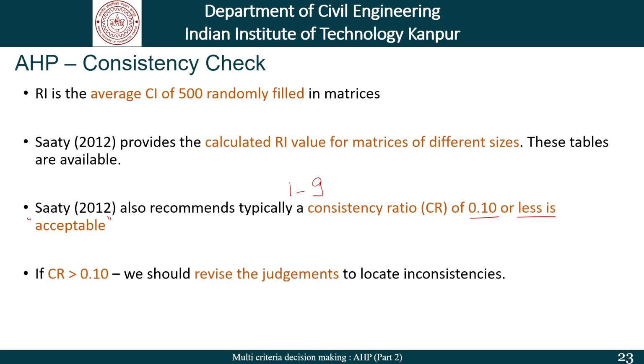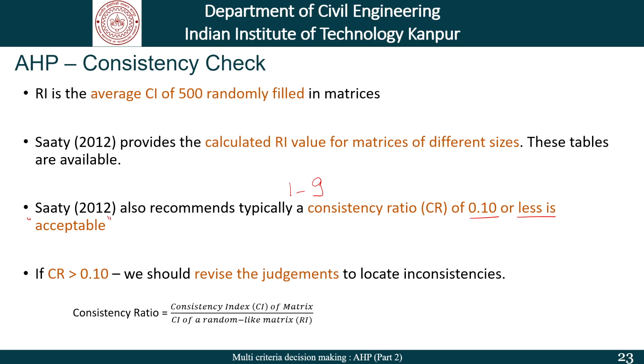However, if the value is greater than 0.10, then we should actually revise our judgments. We should locate inconsistencies in the matrix, check with the decision makers, and request them to revise their estimates. So, the question is, how do we calculate CR?